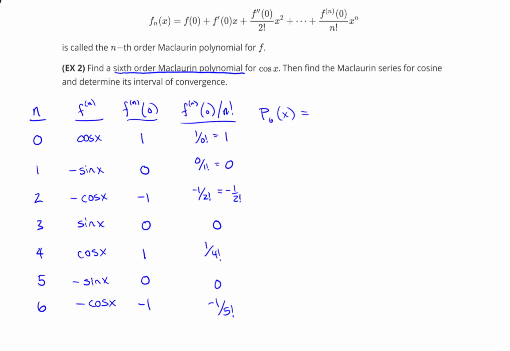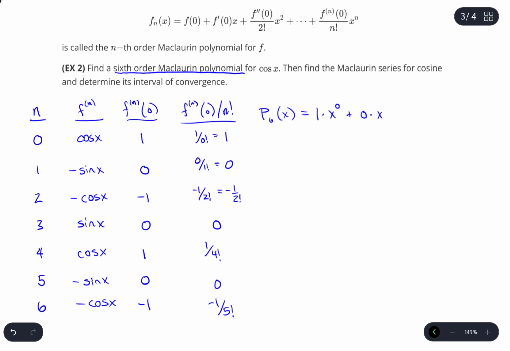It's going to be this coefficient times x to the 0th, plus this coefficient times x to the first, minus 1 over 2 factorial x squared, plus 0 times x cubed, plus 1 over 4 factorial x to the 4th, plus 0 x to the 5th.